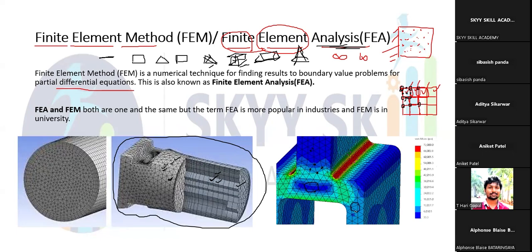If I'm going inside the body, that is your volume, it is known as your tetra mesh, or you can say that is your tetra element. So these things we're going to get in your finite element analysis or finite element method. Because of that, we're working using your finite element method, or that is your finite element analysis.